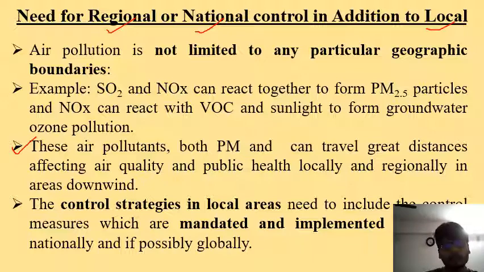The control strategies in local areas need to include the control measures which are mandated and implemented regionally, nationally, and if possible globally. So the control strategies should first have a regional impact, then a state impact, then a national impact, and possibly, if it is a good control strategy, some global impact.